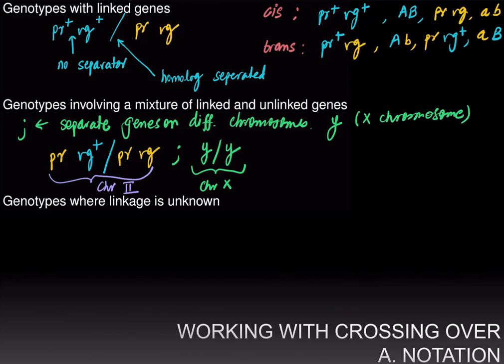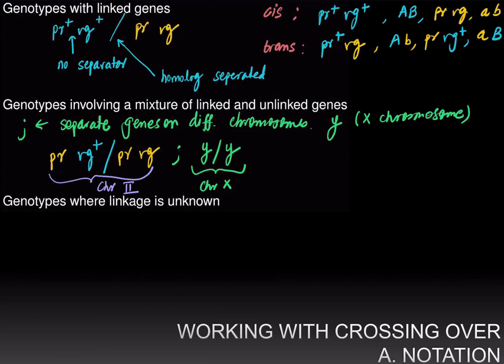If there are 2 genes whose linkage status is not known, then we separate them with a dot. So we might write this, or this.